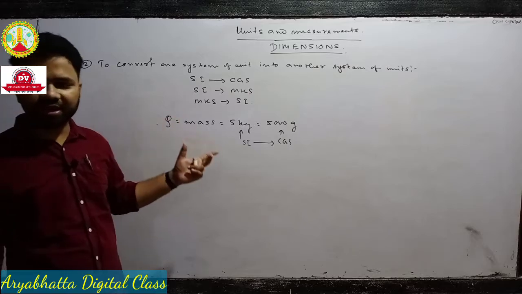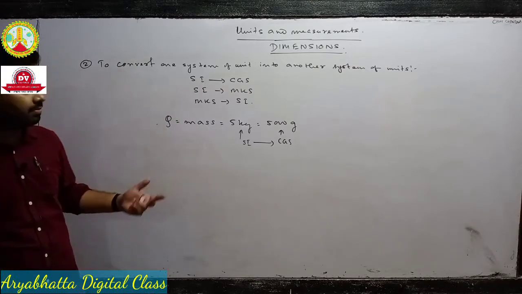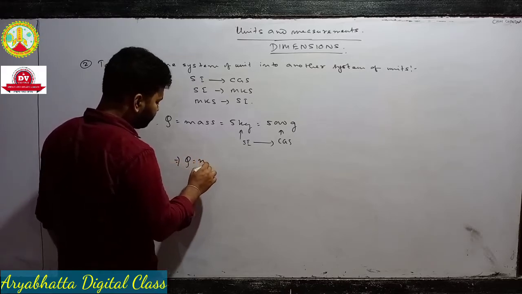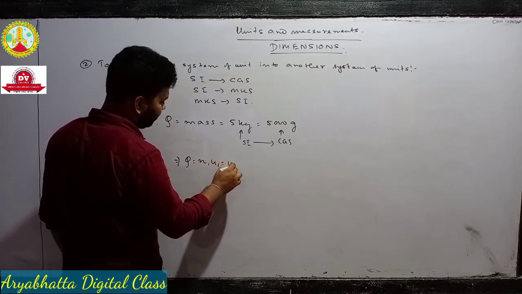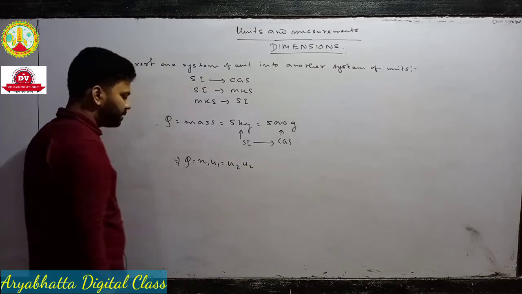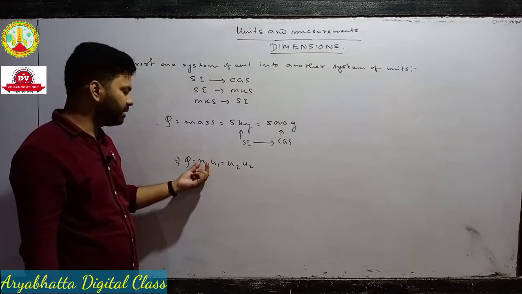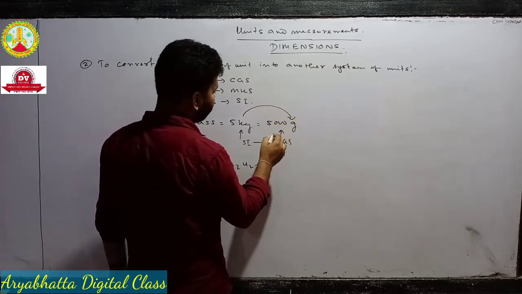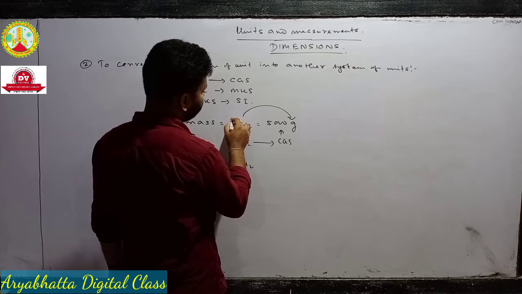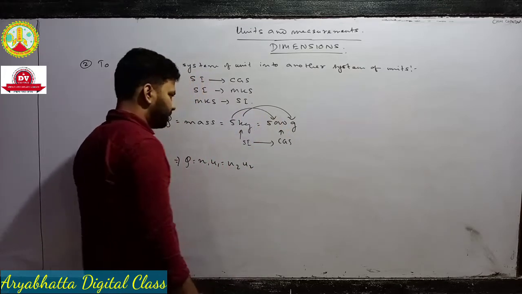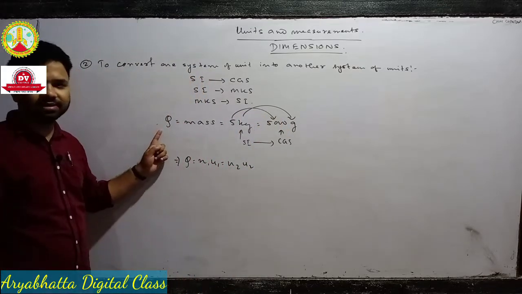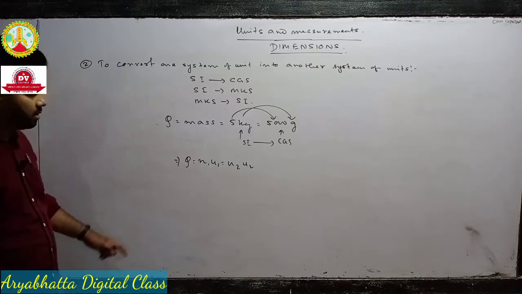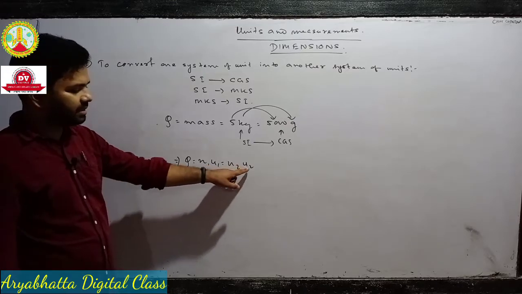So I have given you a formula that Q is equal to N1U1 is equal to N2U2. When there is a change in the unit, there is a change in the number also. Look, you have changed the unit from kg to gram, so there is a conversion of number from 5 to 5000. But the quantity is the same, 5 kg or 5000 gram, both are the same. So this is another unit.